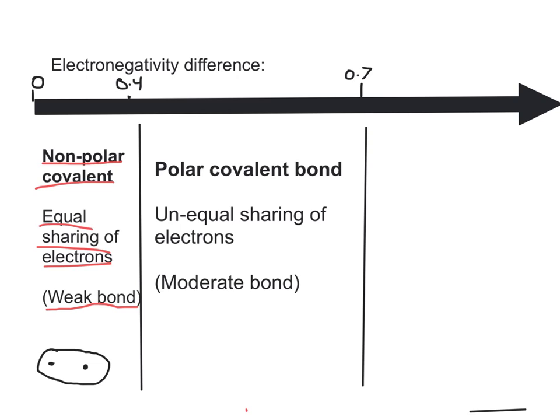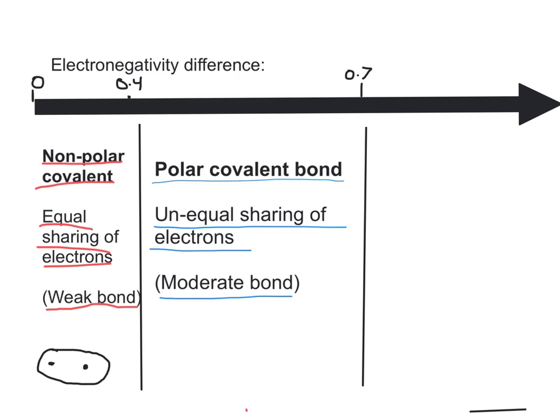If your electronegativity difference is between 0.4 and 0.7, you have a polar covalent bond. This is when you have that unequal sharing of electrons. Because there's an atom with a higher electronegativity value that is pulling the electrons towards it really strongly, the bond is actually quite a bit stronger than a nonpolar covalent bond.